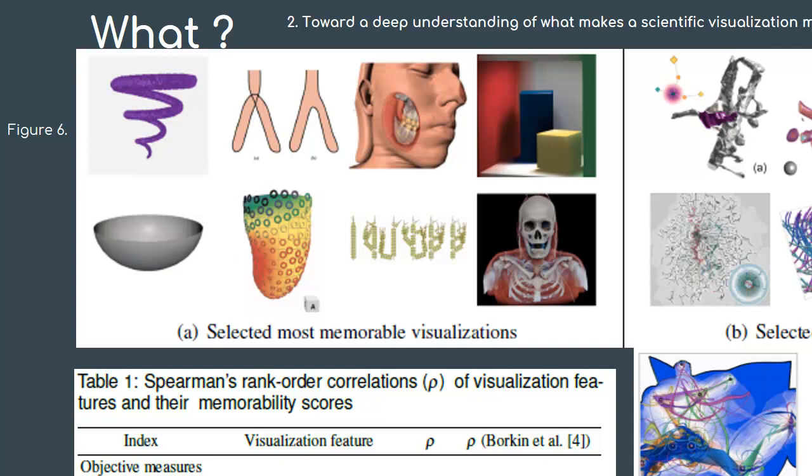For the subjective measures, you can see the number of distinct colors is negatively associated with the memorability score, which is contrary to their previous study, because the result indicates that the more colors you have, the lower the score.